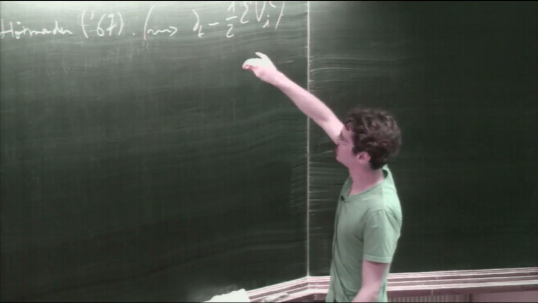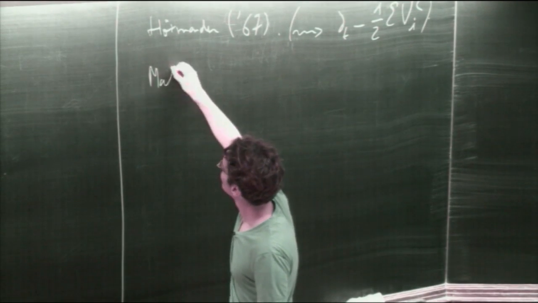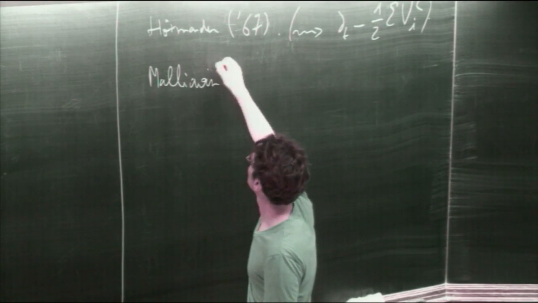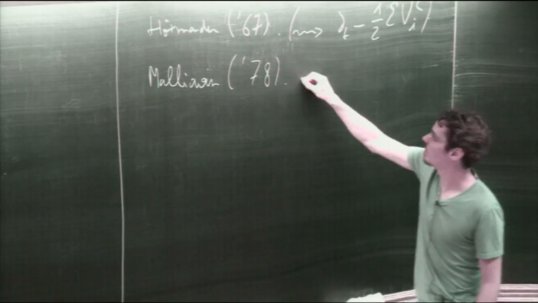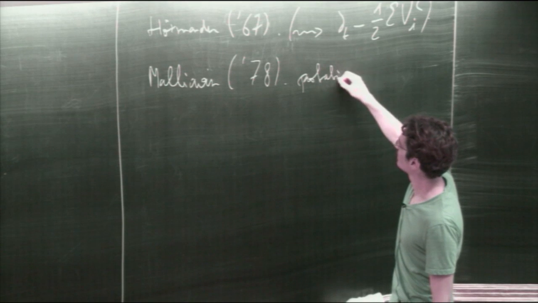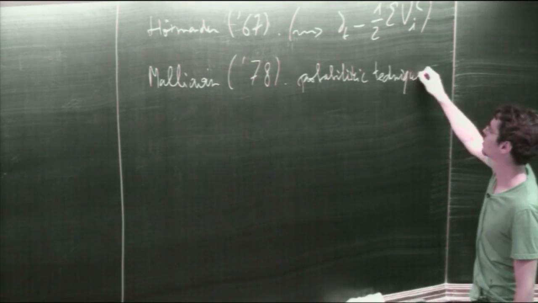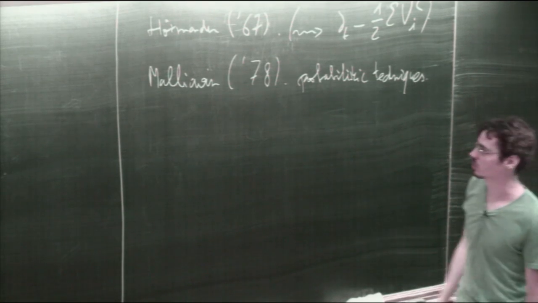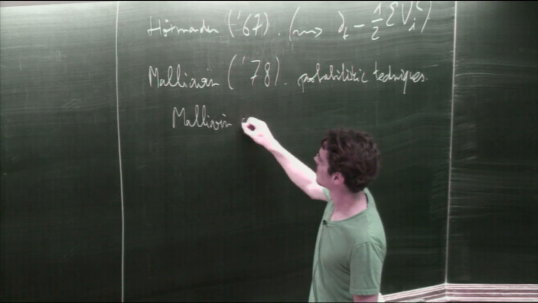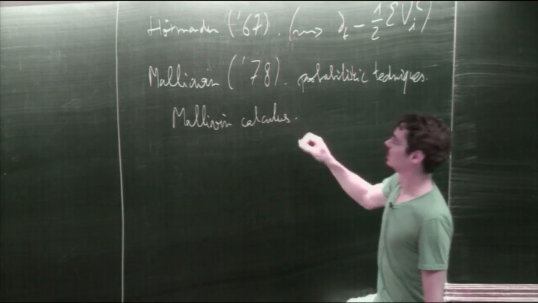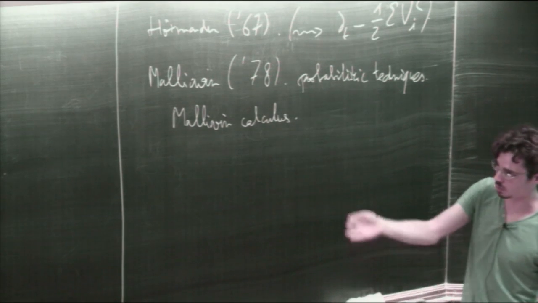So Hörmander proved this theorem by PDE techniques, and what is really more important for us is the proof of Malliavin in the 70s, '78 also, I think, with probabilistic techniques. What he called at the time stochastic calculus of variations is now known as Malliavin calculus. He reproved this result from Hörmander for Brownian motion, which was already known.